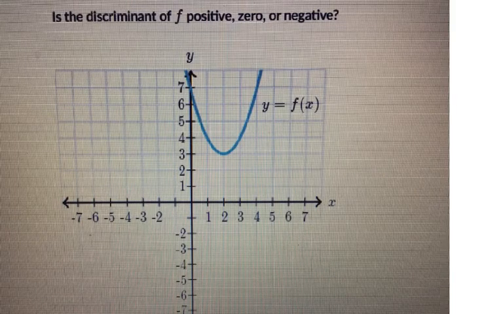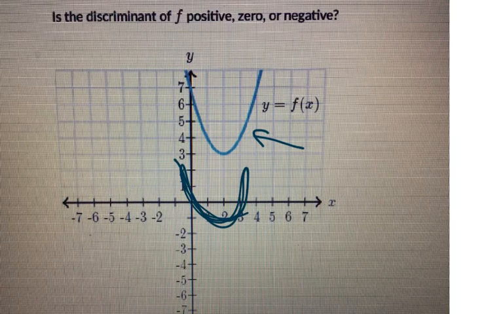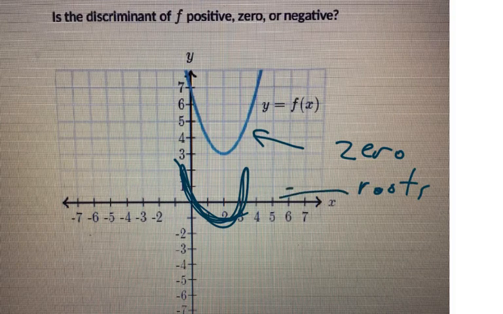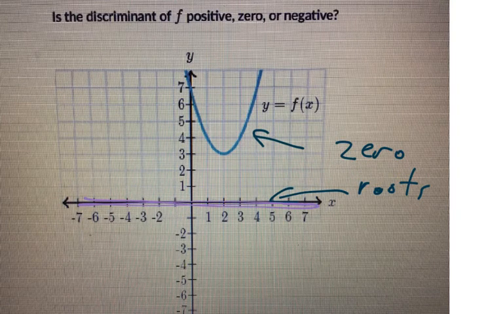Now, guys, this one, notice, if you look at the graph up here, what's the one thing it doesn't do? It doesn't touch down here, does it? Well, guys, this has basically 0 roots, right? It's not crossing the x-axis down here, is it? It's not crossing this x-axis that I just marked in purple.